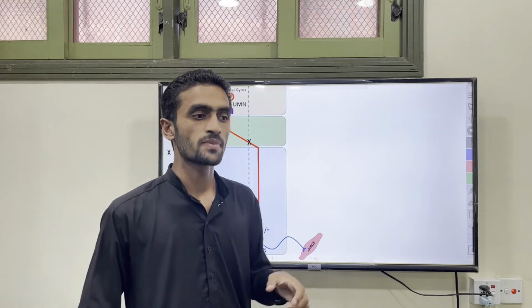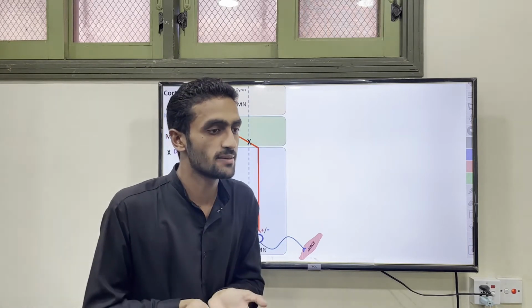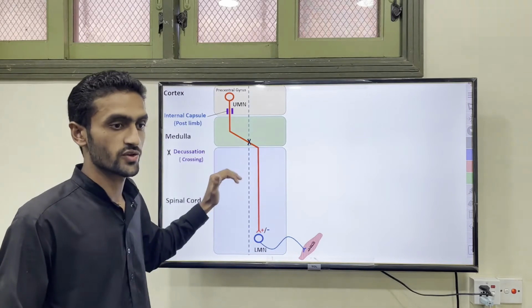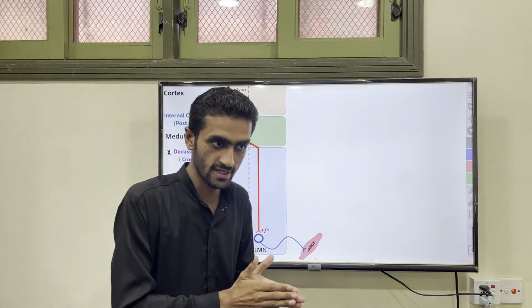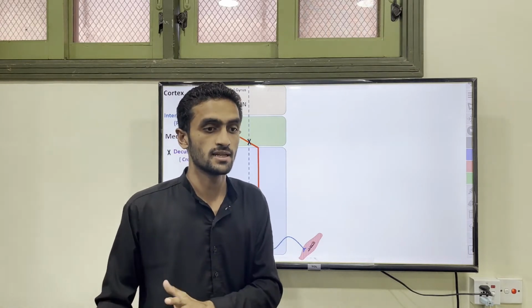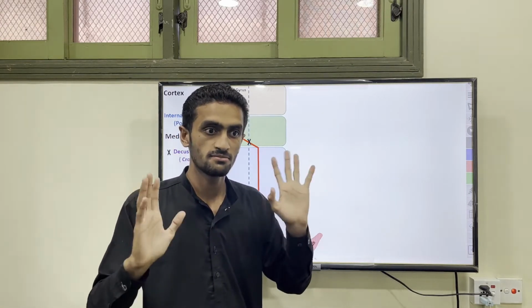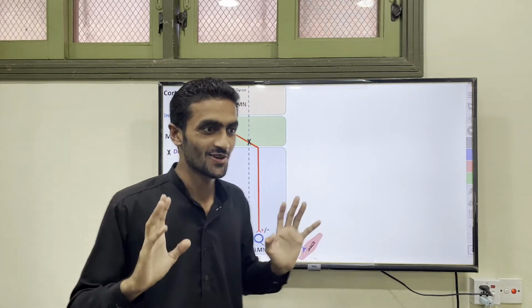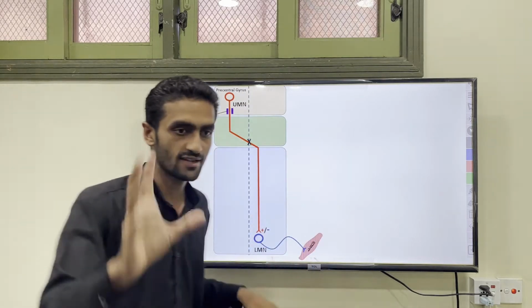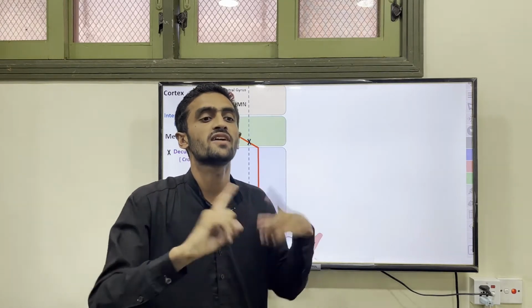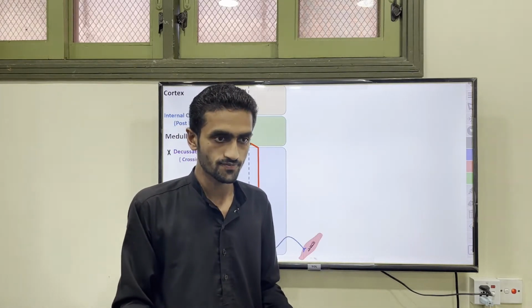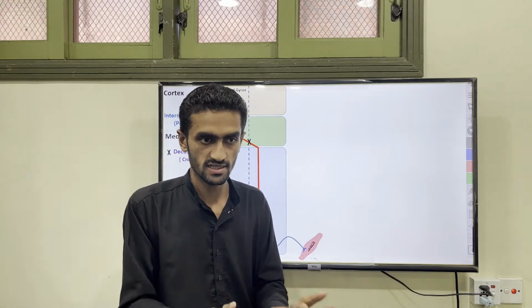So there is some stimulatory as well as inhibitory signal coming from this upper motor neuron. The concept I am sharing is worth a million dollars, so you need to focus. There are some stimulatory and some inhibitory signals, but the overall effect is inhibitory.